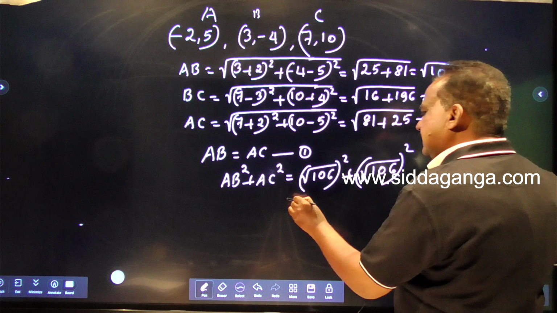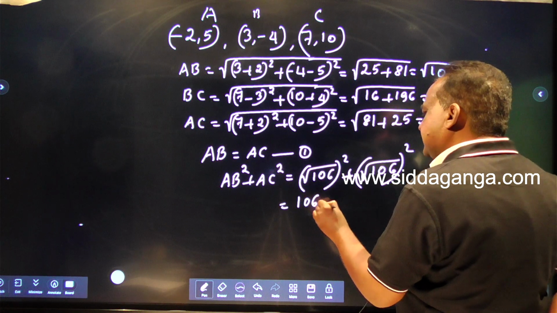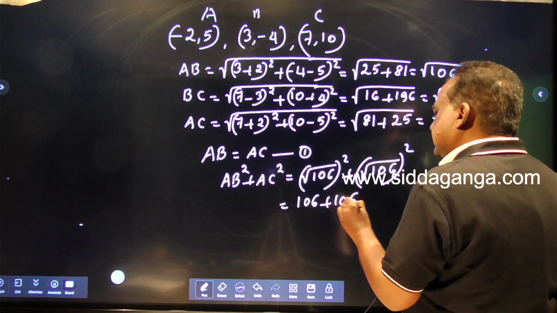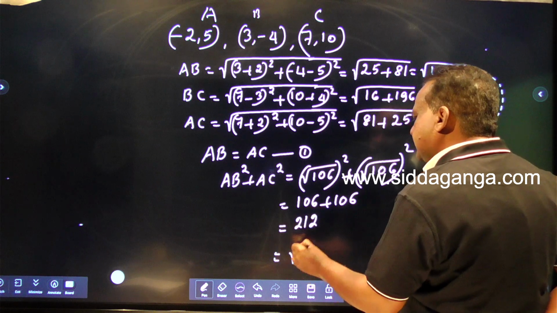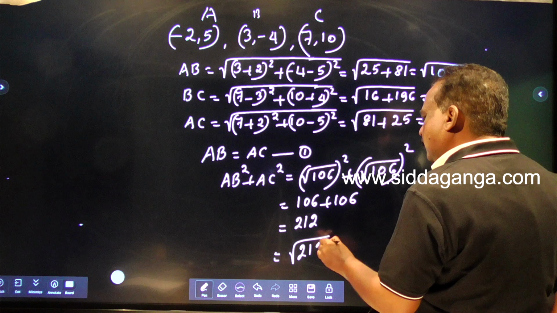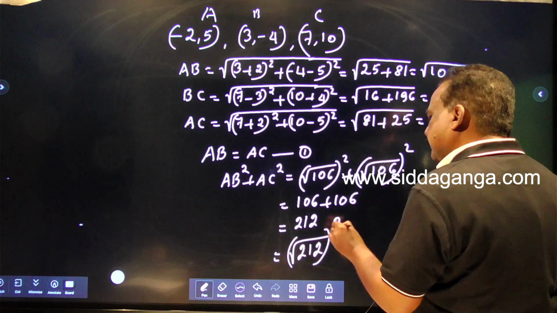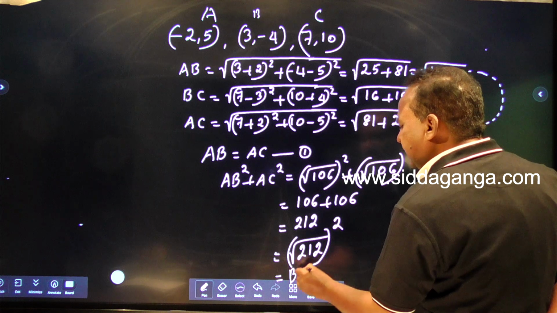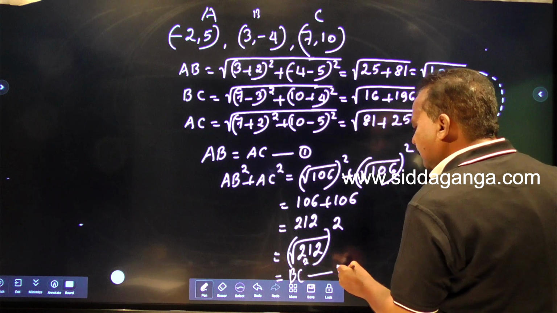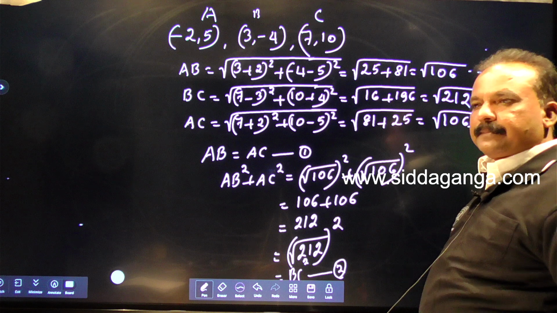That is 106 plus 106, which is 212. What is 212? Root 212 whole square. So AB square plus AC square must be equal to BC square. Call this statement 2.